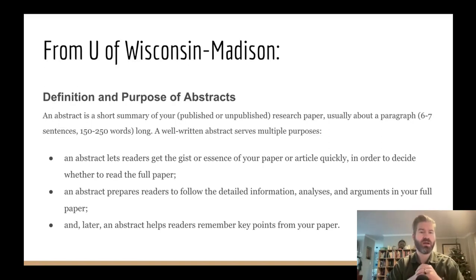It allows readers to get the gist or essence of your paper or article quickly, decide whether or not to read the whole thing, or in the case of the symposium, whether or not they want to stop by your poster or not. An abstract prepares readers to follow the detailed information, analyses, and arguments in your full paper or in the discussions. And later, an abstract helps readers remember key points.